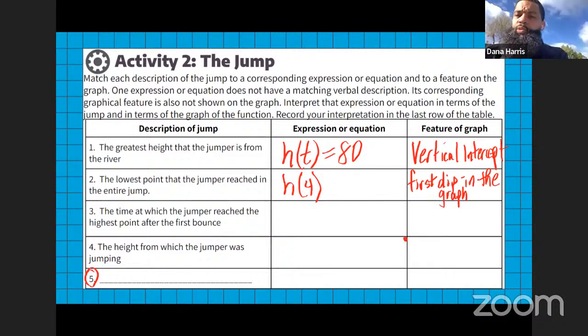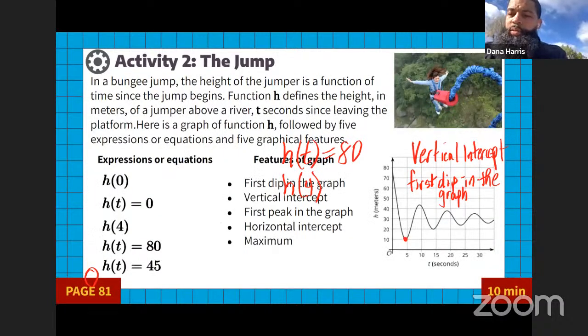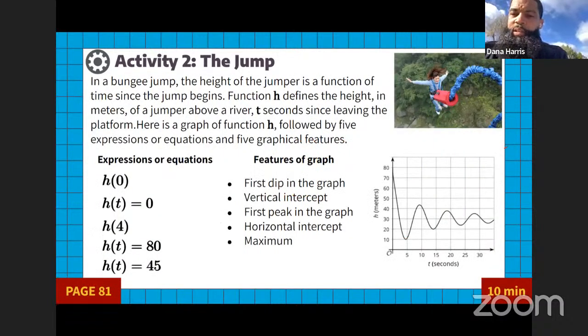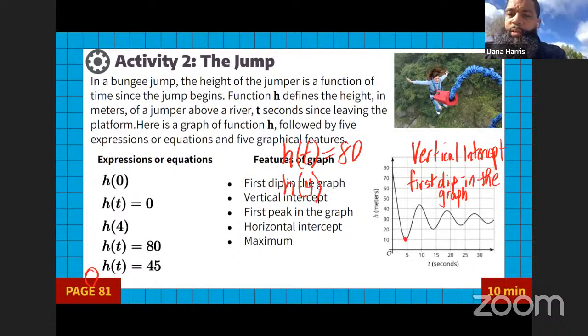Then notice we go to part 3. It says the time at which the jumper reached the highest point after the first bounce, okay? So when we go here, let's clear this out. I want to erase a little bit, okay? So let's use a different color. Here, it's right there. Boom, right there. That's the highest point after the first dip, okay?